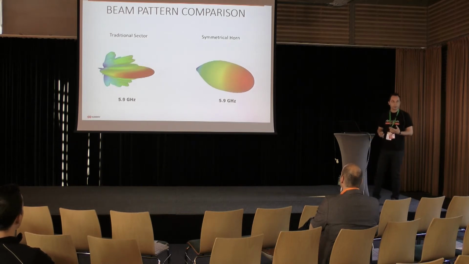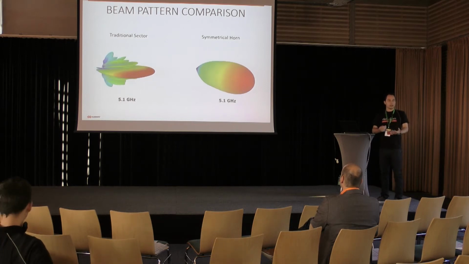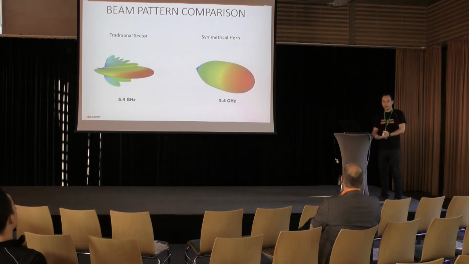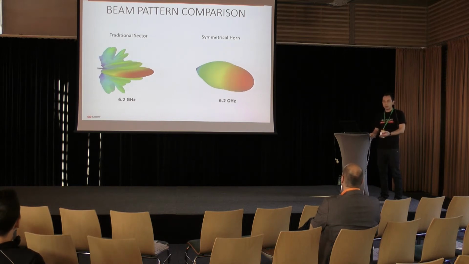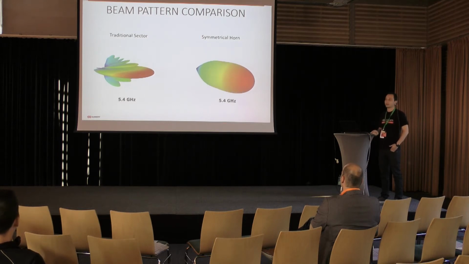That's why you can have problems when changing the frequency. You still have the same radio, the same antenna, but you have problems to get good signal quality and throughput. And that's because this is how traditional antennas behave.